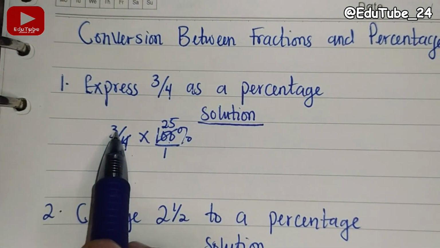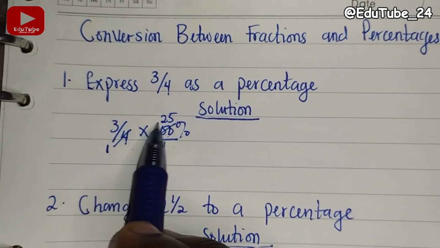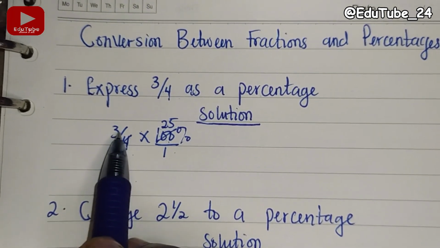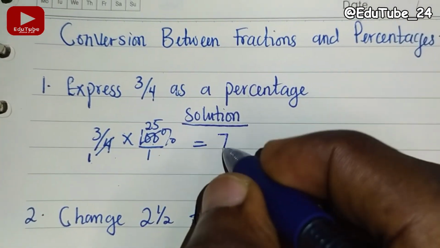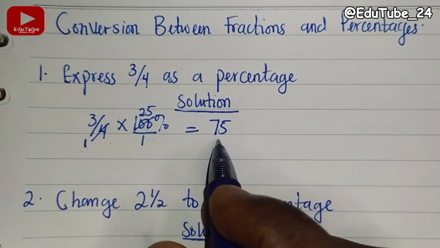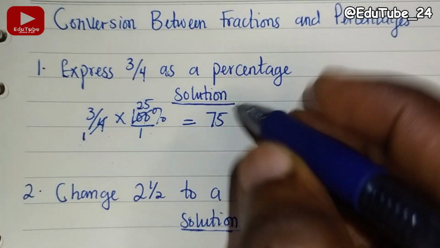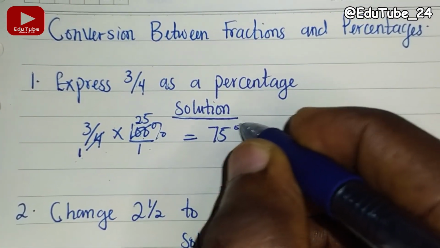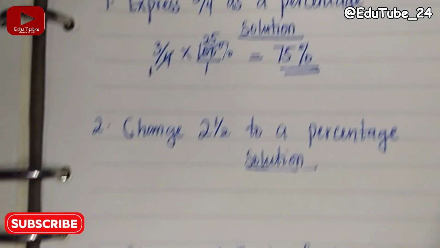In the numerator I have 3 and 25 left, while in the denominator I have 1 and 1. So 3 times 25 will give me 75, and 75 over 1 is still 75. So that is 75%. So 3/4 as a percentage is 75%.